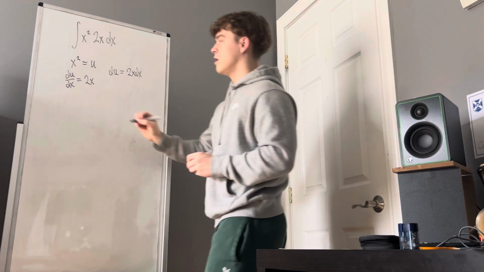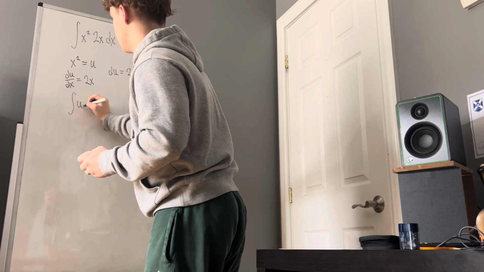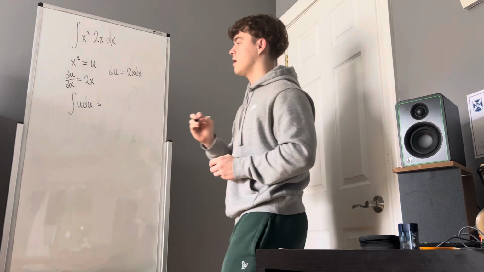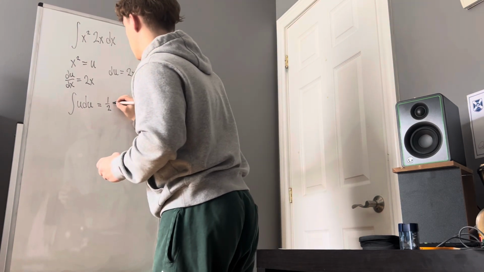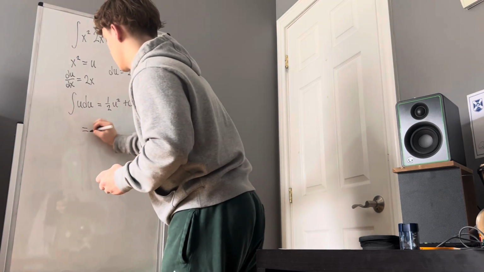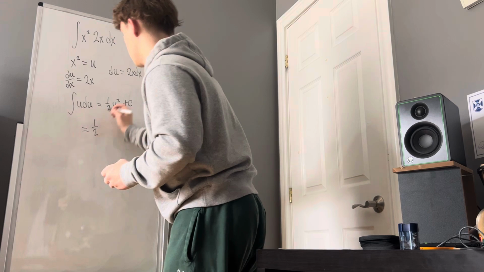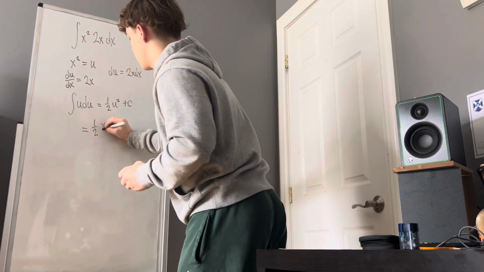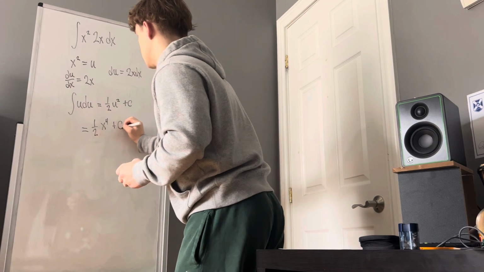Perfect, we have that. So this is just the integral of u du. What's that? 1 over 2 u squared plus c. Let's substitute for u. Our u is x squared. X squared squared is x to the 4 plus c.